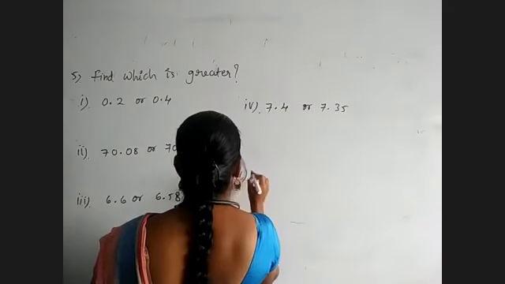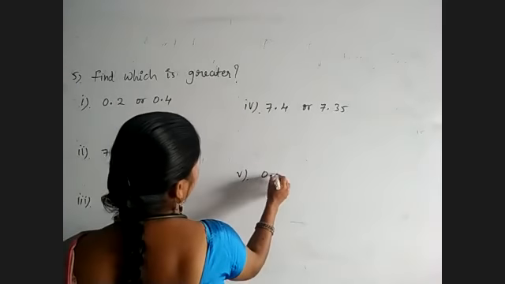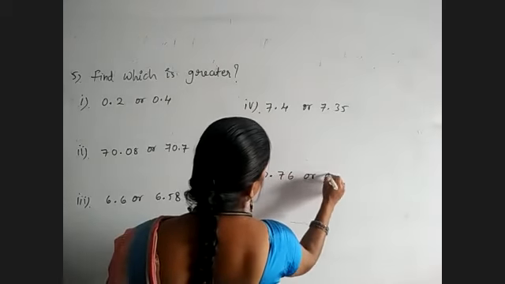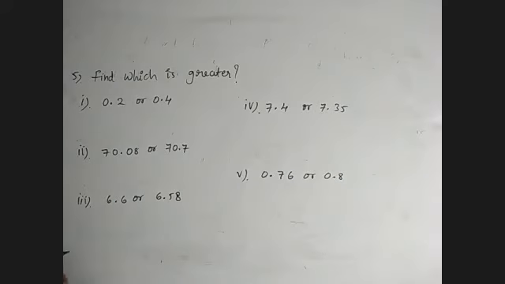And the fifth question is 0.76 or 0.8. Okay, now observe these questions. Only 5 problems are given. Which one is greater? We need to write the greater value first because they have asked which is greater.